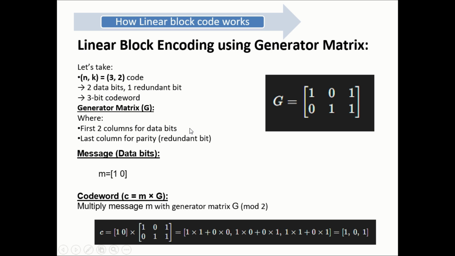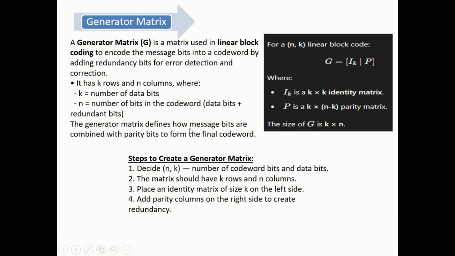Here, the generator matrix defines how message bits are combined with parity bits to form the final code word. Now we need to understand this portion. It has k rows and n columns. n columns is also equal to the number of bits in the code word. So that means 3.